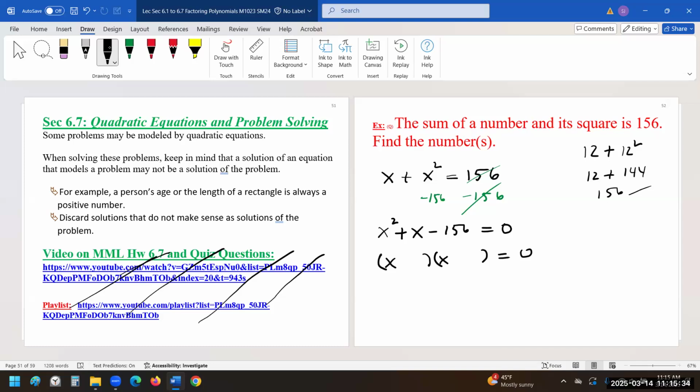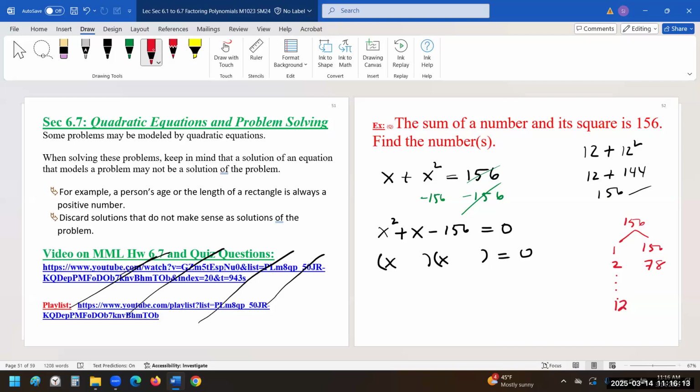If you don't know, that means you have to find all the factors of 156. 1 times 156 doesn't work. 2 times 78, doesn't work. You keep trying until, see, we know one of them is 12 because Miley was nice enough to tell us the answer.